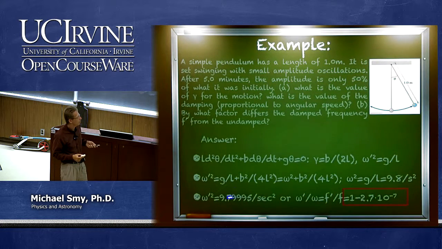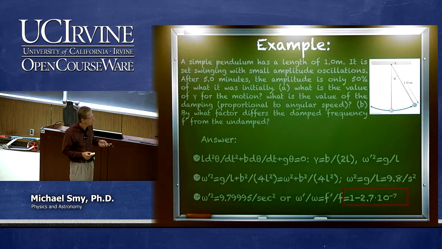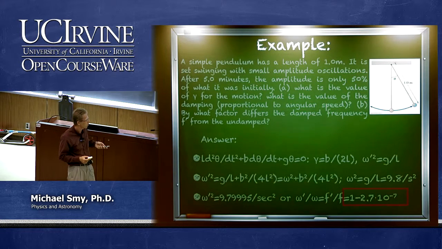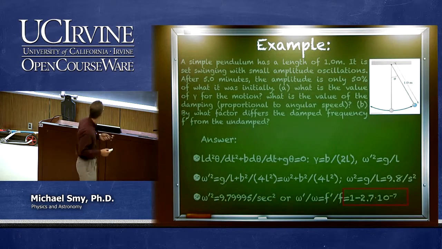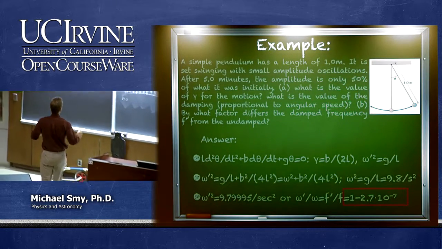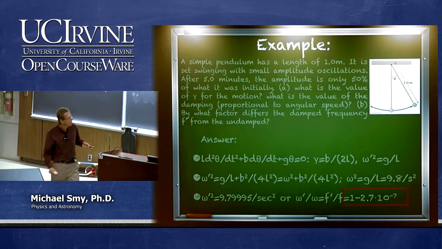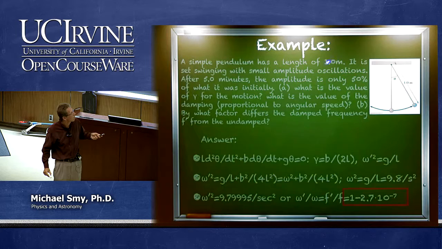And so we use the value of gamma, or b over 2L, that we had before, and plug it in here, and we arrive at this value here for omega prime square. And for omega square, the undamped oscillation, that of course is just g over L. And so that's just 9.8 per second square, because L is 1 meter.